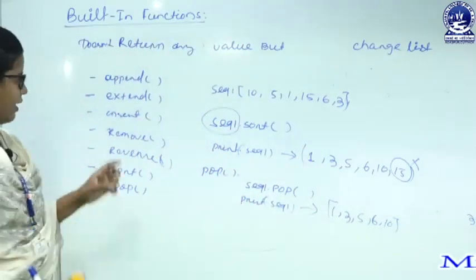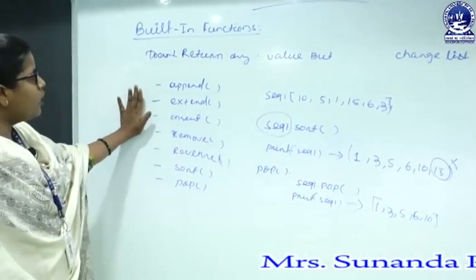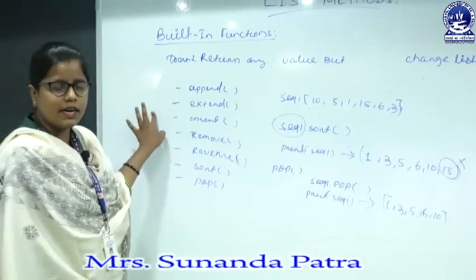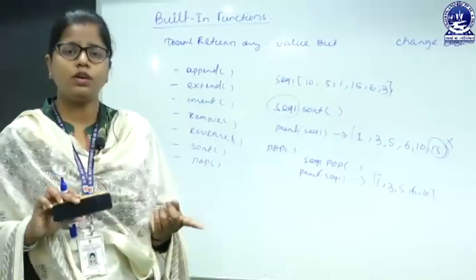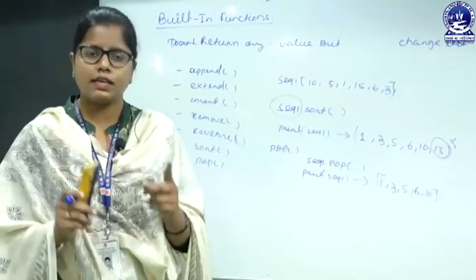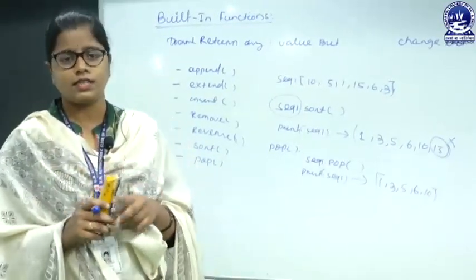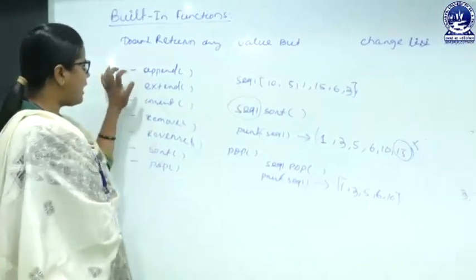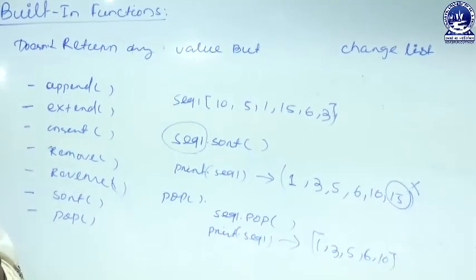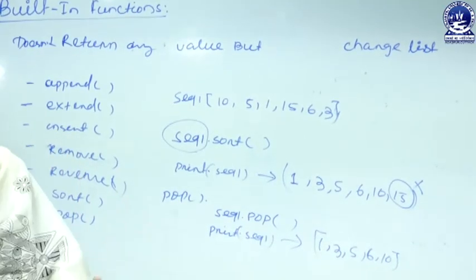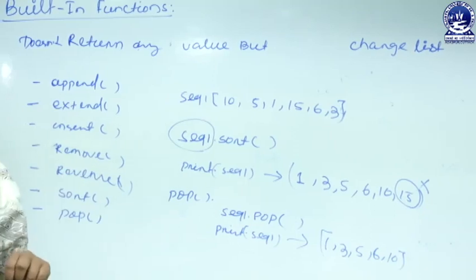So let's have a revision on this. When we are going for the second category, that means we are using some built-in functions, but they don't return any value, but they are capable of modifying the list. In that category, we first have the append function. This append function will append a single value at the end of the list. What about the extend function?